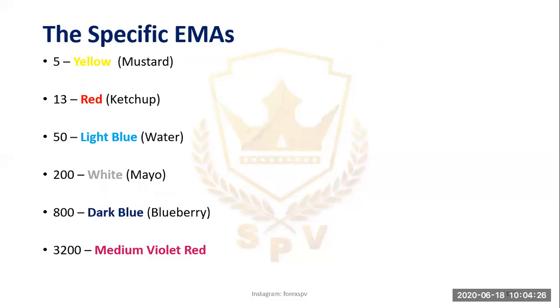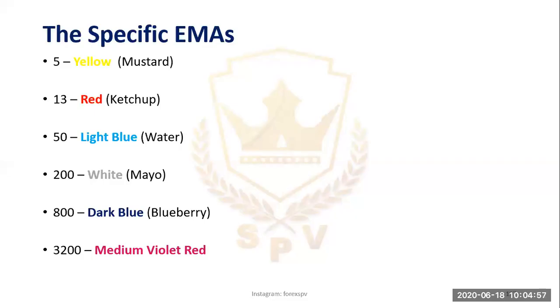So if you see an EMA with a period of 5, that means it feeds its model the previous 5 candles, the direction of the previous 5 candles, to know the direction of the next candle. So you see that the 5 EMA usually moves along with the market because it feeds in a few number of candles, and the ketchup follows the 13 EMA, which is red in color.